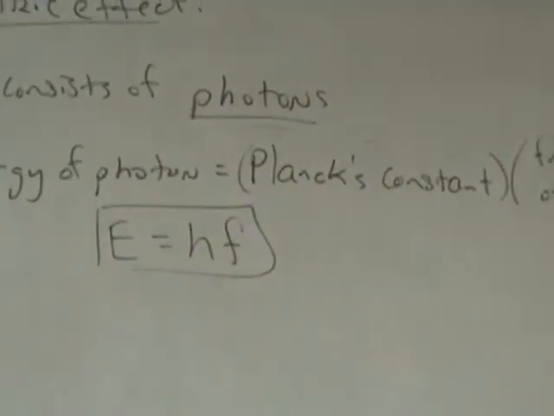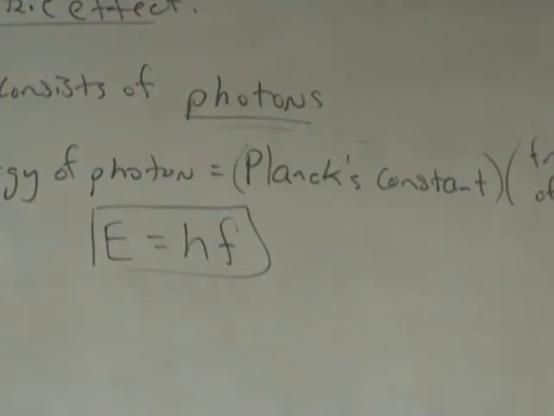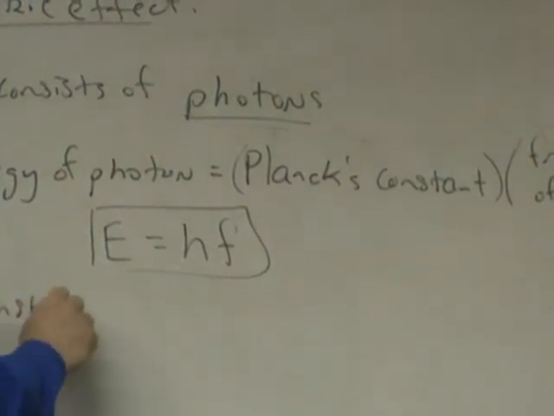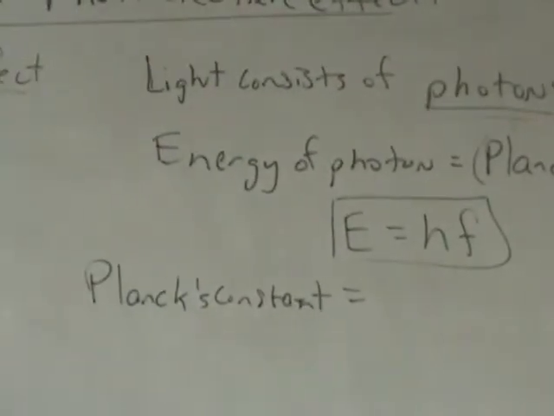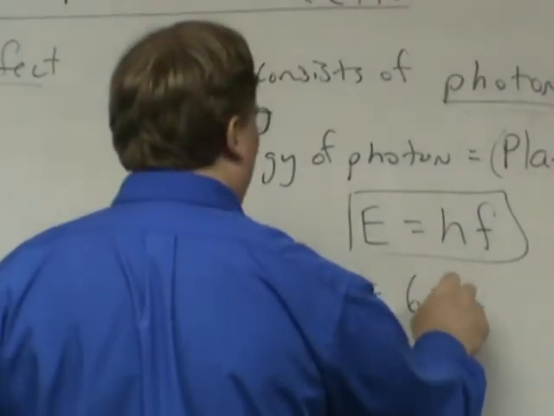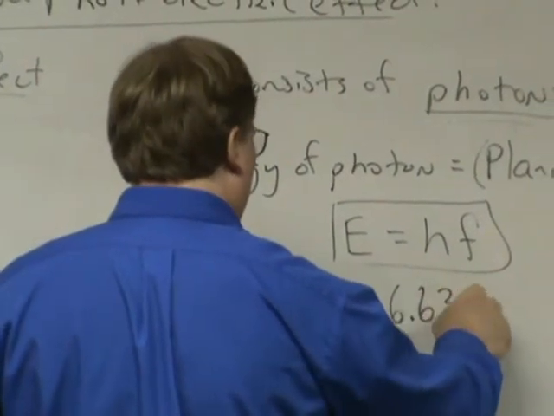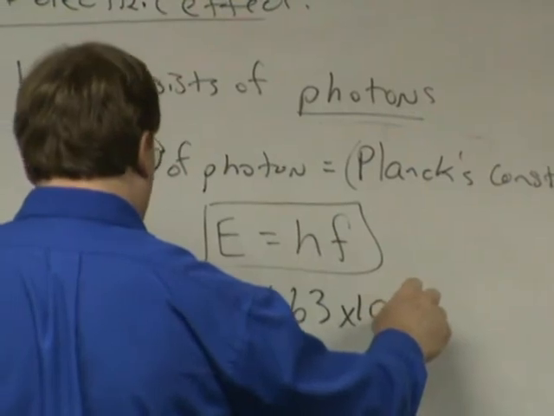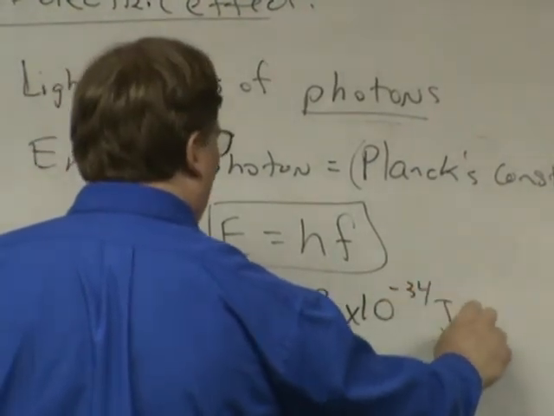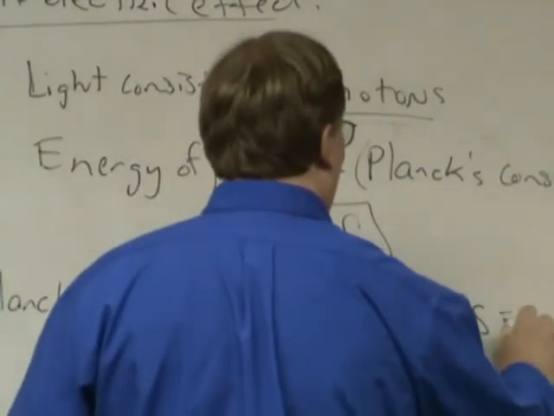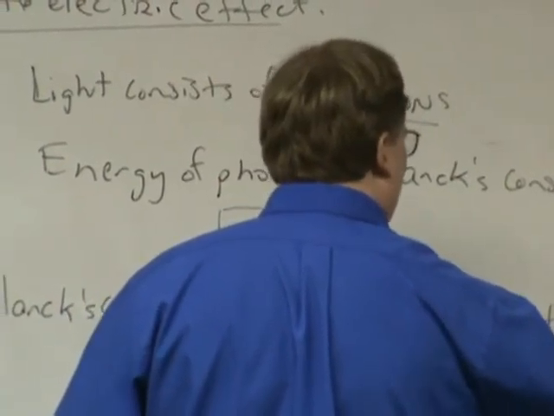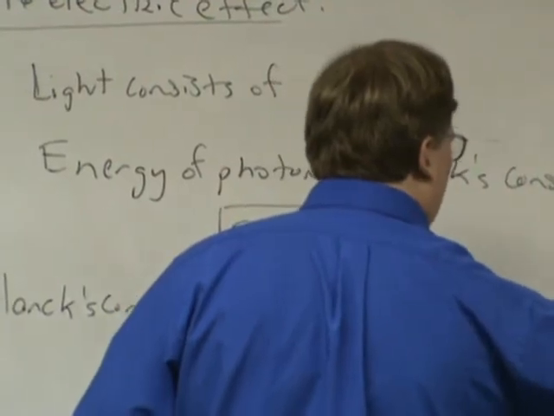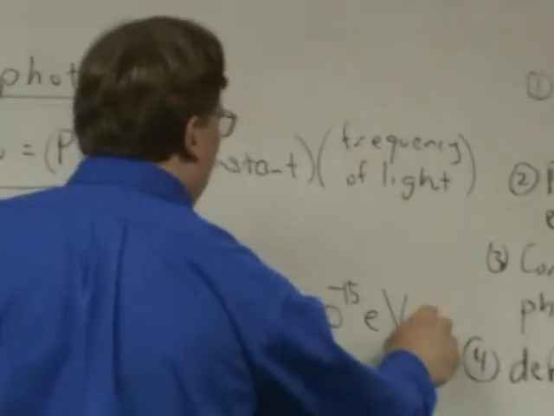That's the energy of a photon, where h is Planck's constant. You will find Planck's constant on that little half sheet in the packet we got. Planck's constant is 6.63 times 10 to the negative 34 joule seconds. Or you can also convert it to electron volts: 4.15 times 10 to the negative 15 electron volt seconds.